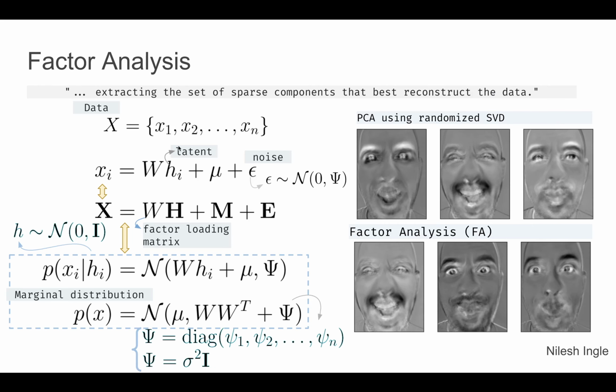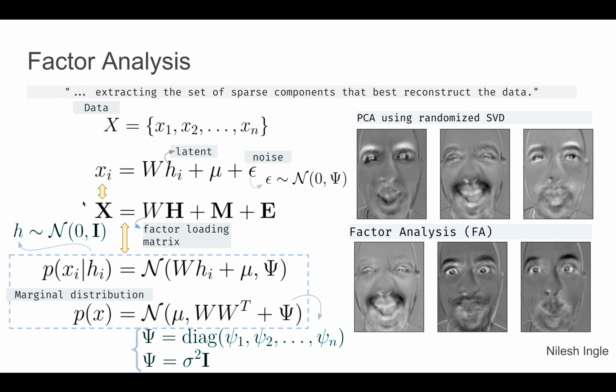And here is a more formal representation from the docs. We have the data x, and this can be represented in a linear form as shown here, where w is the factor loading matrix, so weight matrix, and we have the error term and we have the m term here. So error again is denoted by this distribution.